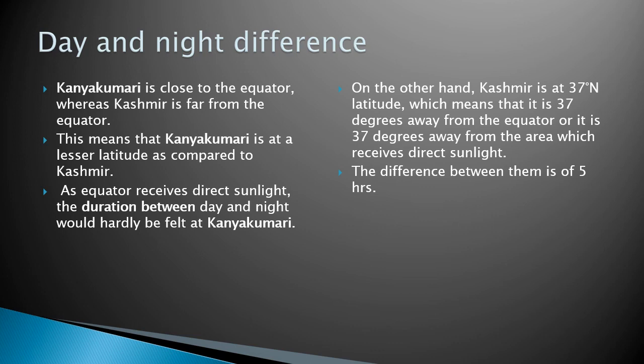Okay, so this change is brought because of the Tropic of Cancer. I hope now you have understood the video and the concept of location, size of India, the standard meridian of India, and the need for choosing a standard meridian. Okay, thank you.